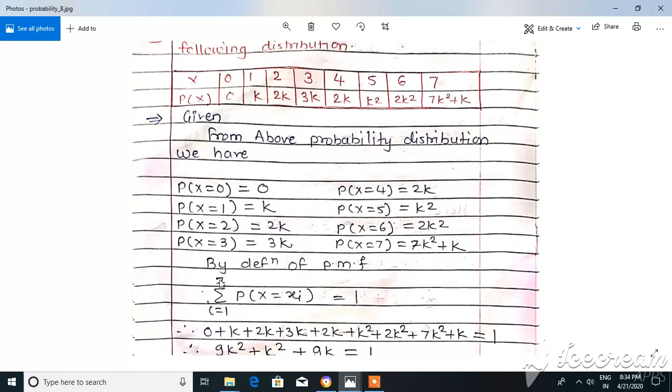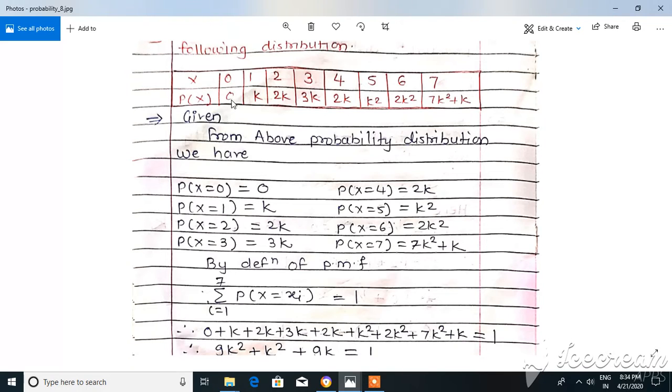It should be 0 to 7 because x equals 0, 1, 2, 3, 4, 5, 6 and 7. So the sum of all these probabilities should be equal to 1.